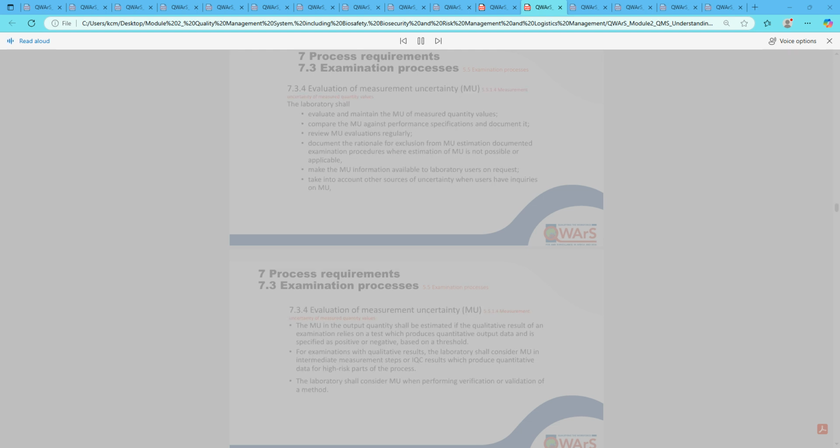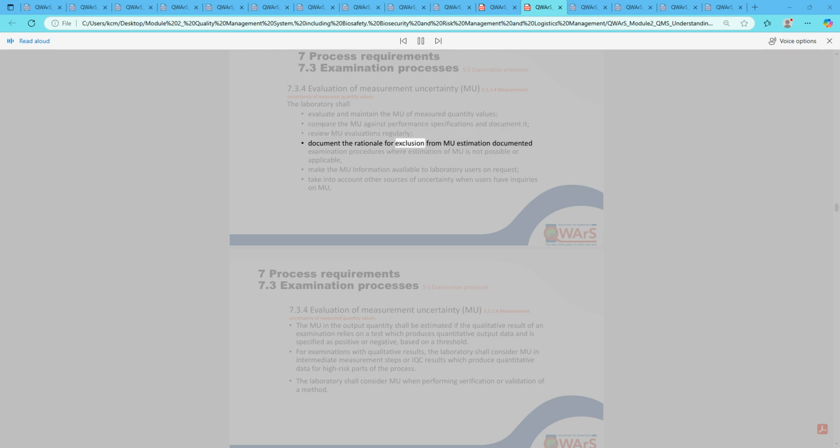7 Process requirements, 7.3 Examination processes, 5.5 Examination processes. 7.3.4 Evaluation of Measurement Uncertainty, MU. 5.5.1.4 Measurement Uncertainty of Measured Quantity Values. The laboratory shall evaluate and maintain the MU of measured quantity values, compare the MU against performance specifications and document it, and review MU evaluations regularly.